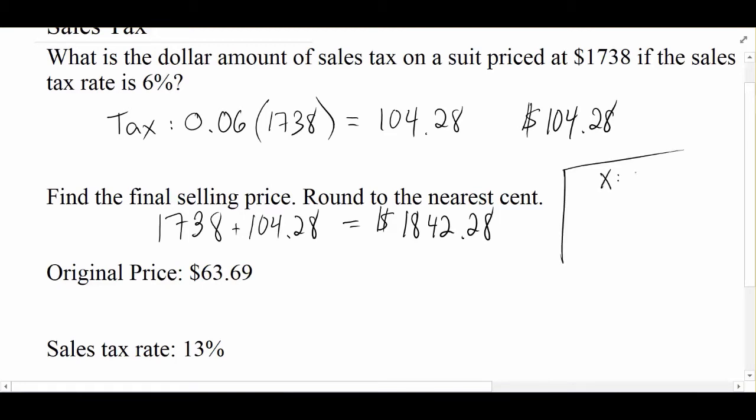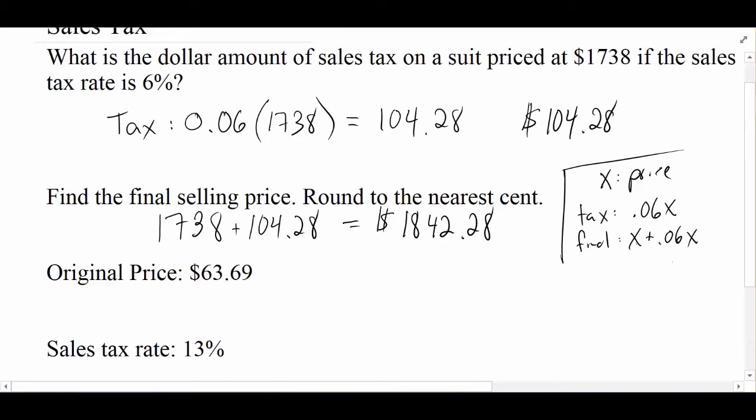Let's say that X is our price. Then when I found out the tax, I took my percent times the X. When I found the final selling price, I took the X and added that 0.06X to that.